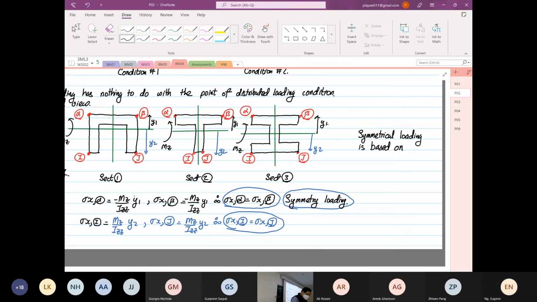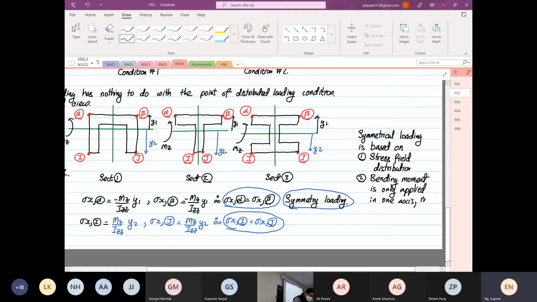One is based on stress field distribution. Two, bending moment is only applied in one axis.